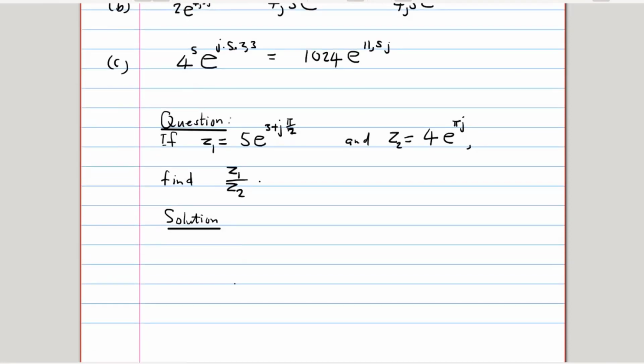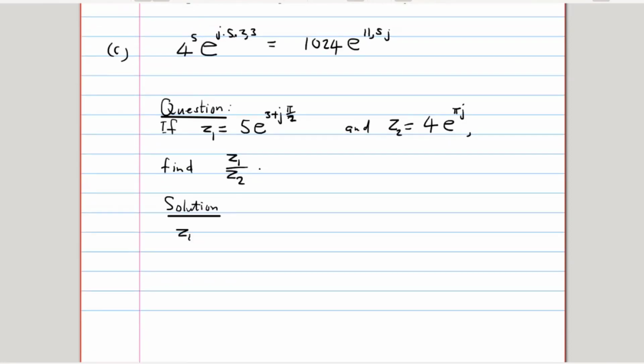So we need to get a quotient there, Z1 divided by Z2. Well, we know that we must divide 5 by 4, R1 over R2, and inside there we must subtract those angles. If you gave me the correct question, you'll just say 3 plus, then I will take out j.